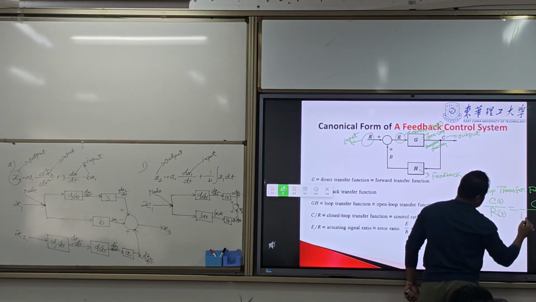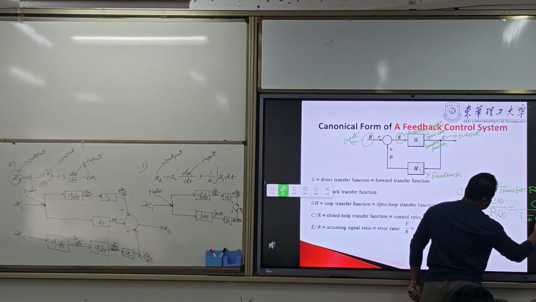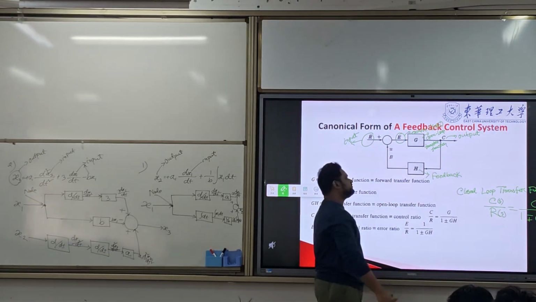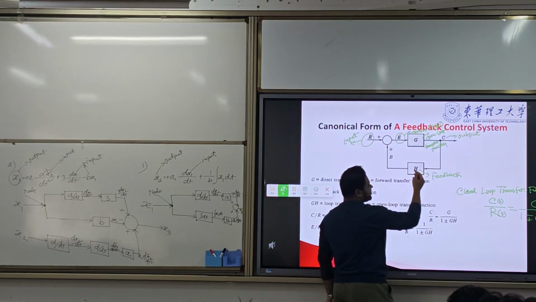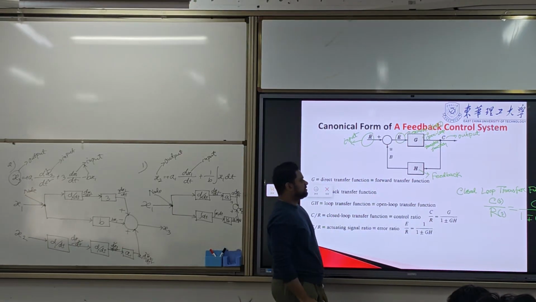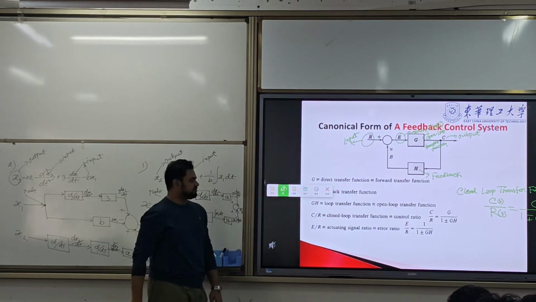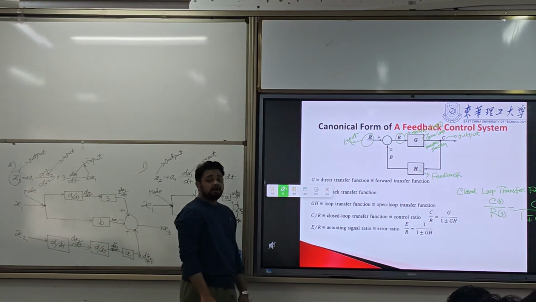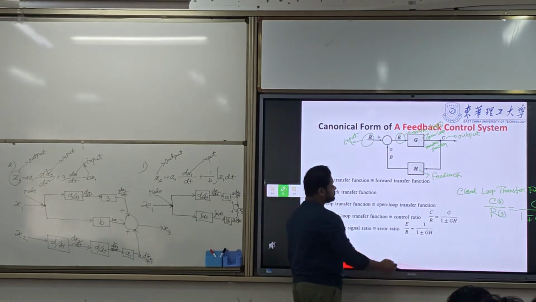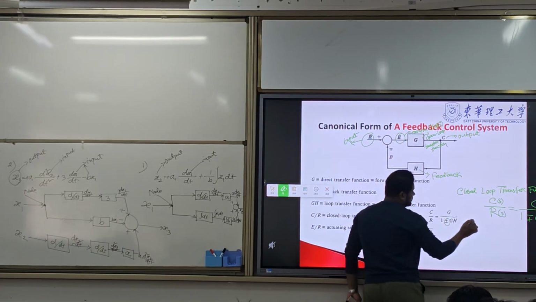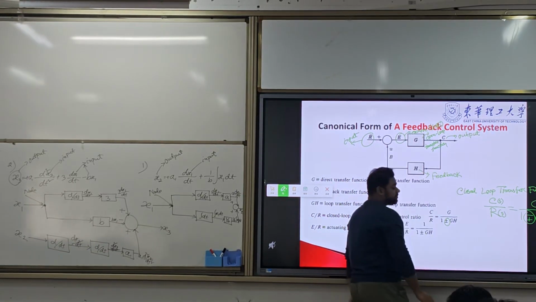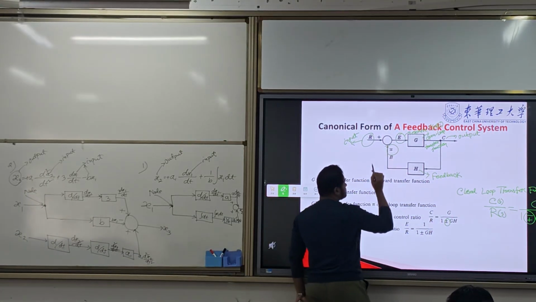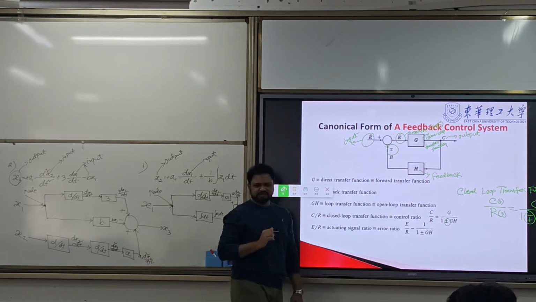C by R is G by 1 minus plus GH. G is given, H feedback is given, and you will find these values. The sign, 1 minus plus GH or plus minus GH, depends on your feedback value.